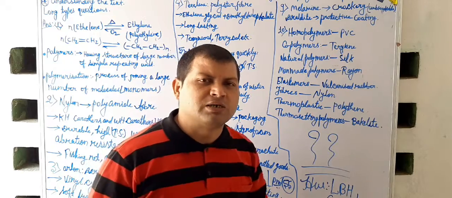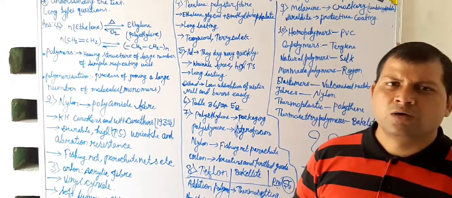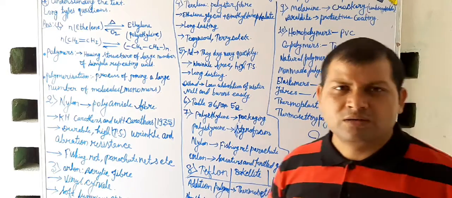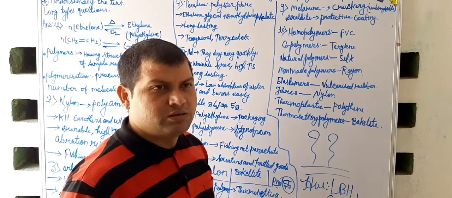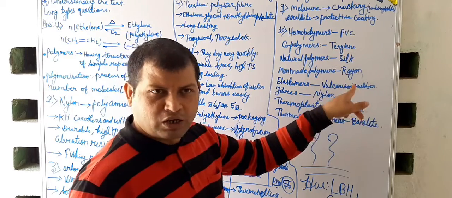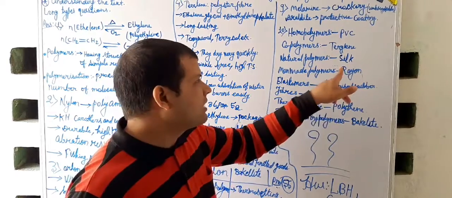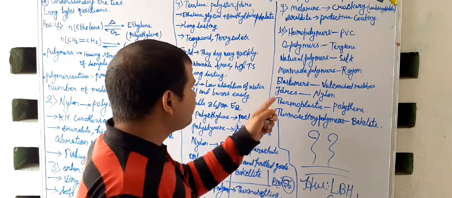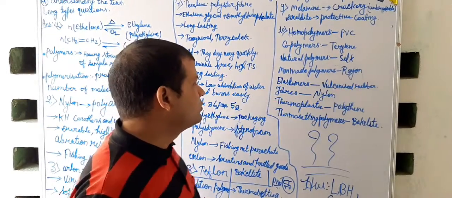Natural polymers are like silk, wool, cotton, etc. Silk is the most luxurious material for clothing, and man-made polymer is rayon, artificial silk. Silk is protein and rayon is cellulose.